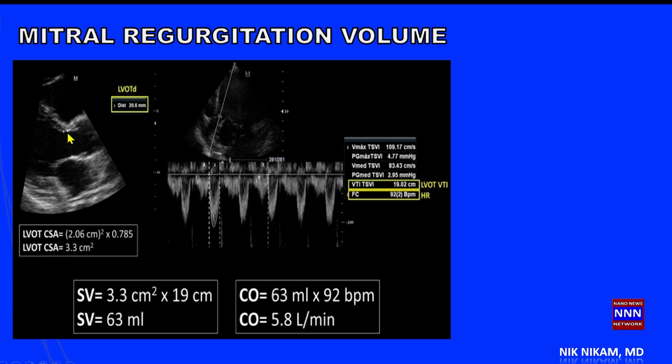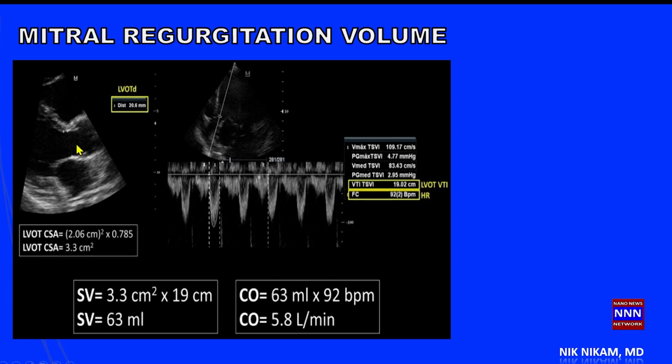We calculate the area from the diameter of the left ventricular outflow tract, as you can see with my arrow here. And then with that, we get the VTI of the flow across the aortic valve.